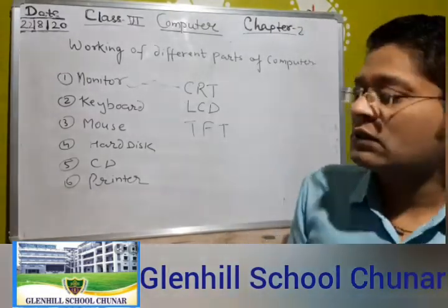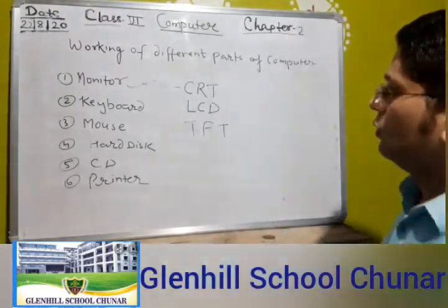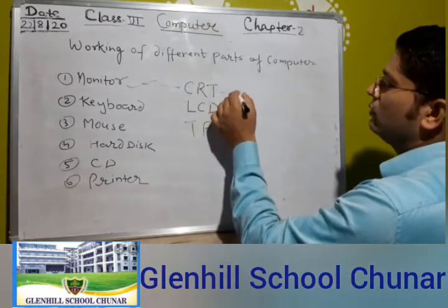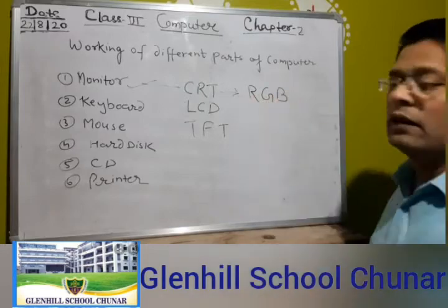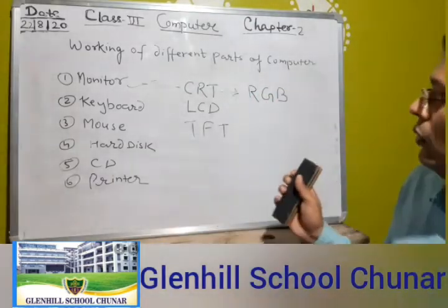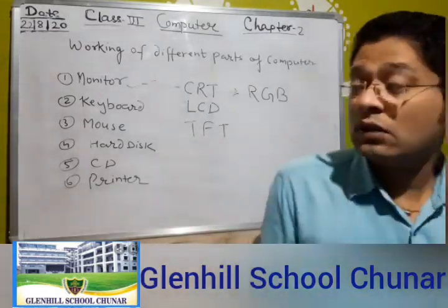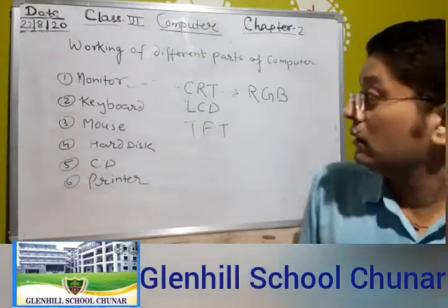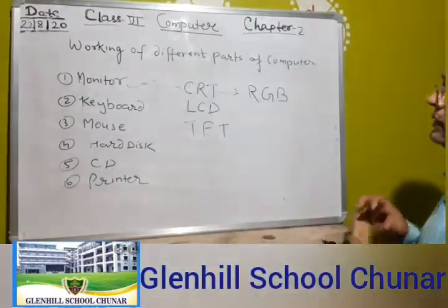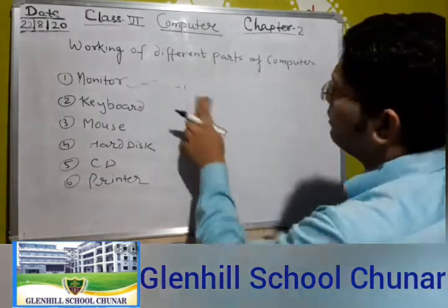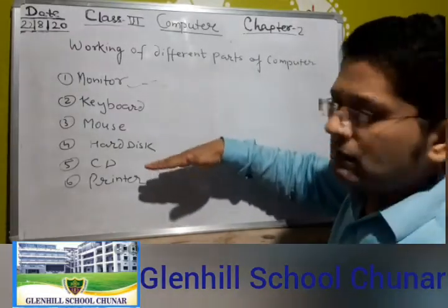The monitor works with three colors: red, green, blue, called RGB. These glowing RGB dots blend into millions of colors. Today we will discuss the other parts of the computer: keyboard, mouse, hard disk, CD, and printer.